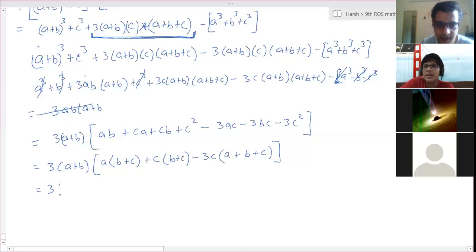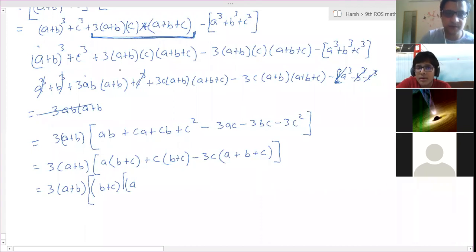Should I write like this? 3(a plus b). Then we can take (a plus c) and (b plus c) common, with terms of (b plus c) and the (a plus c) terms outside. Just hold on a second. We have taken common. Wait, let me write this.